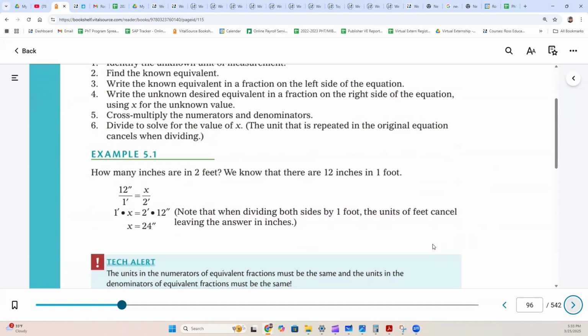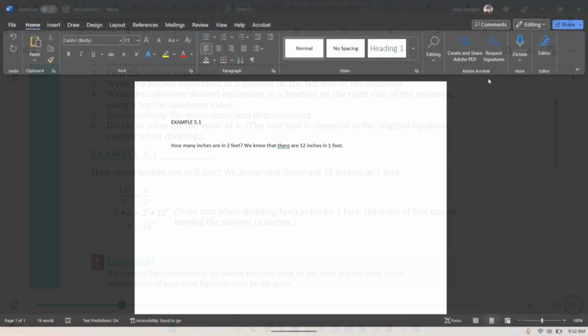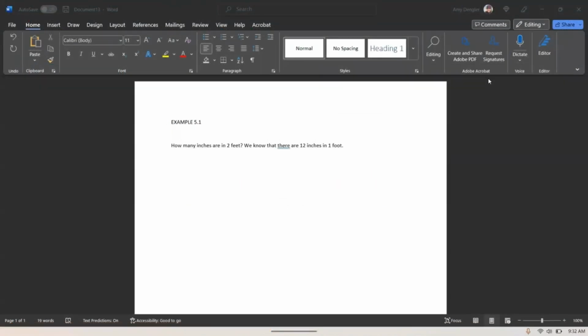All right, let's do example 5.1. How many inches are in 2 feet? We know that there are 12 inches in 1 foot. So that's our conversion factor.